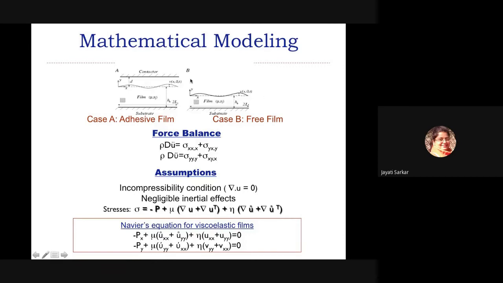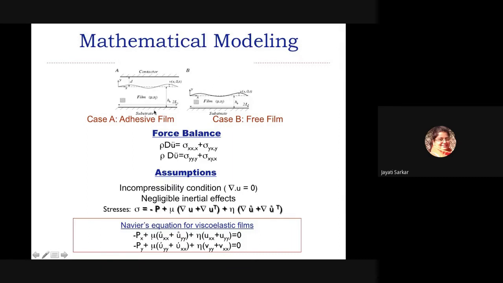This film will be considered only as an adhesive or free film. We won't try to differentiate it depending on the rheology of the film. It's an adhesive film when it is in contact with a contactor, or it is a free film when it has a free surface and is not in contact with another confinement.